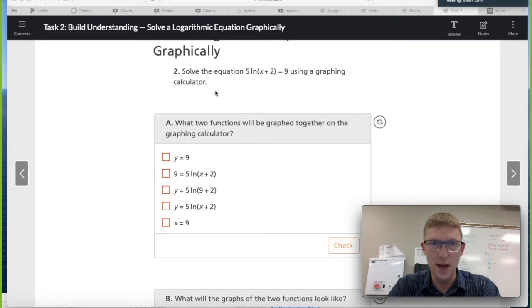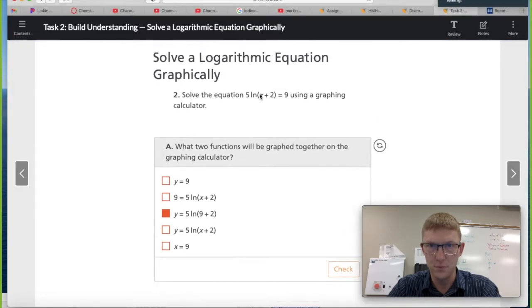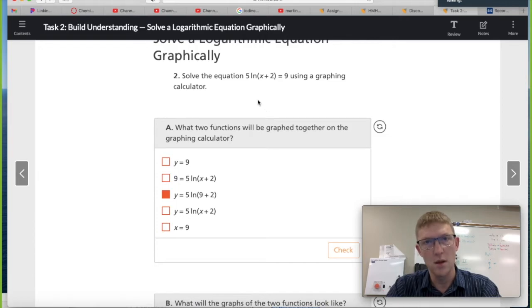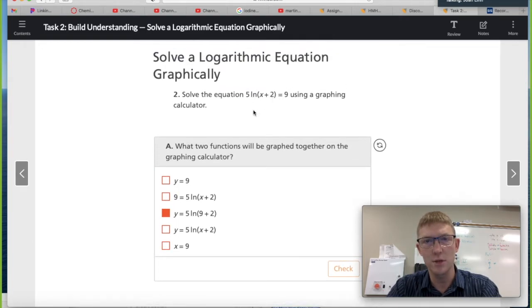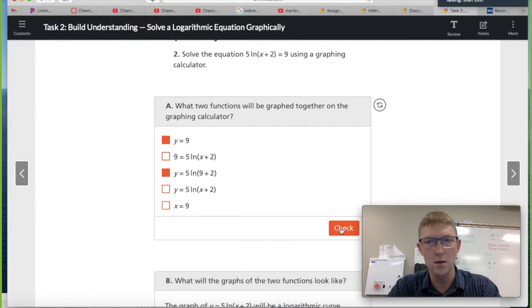So we're going to have y equals 5 natural log x plus 2. And then when is that going to equal 9? So we're going to do a y equals 9.